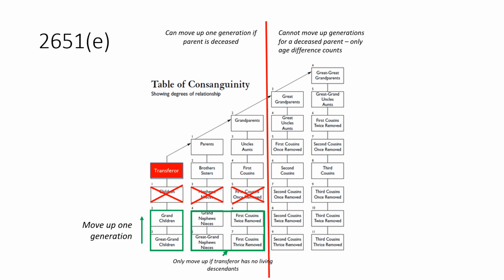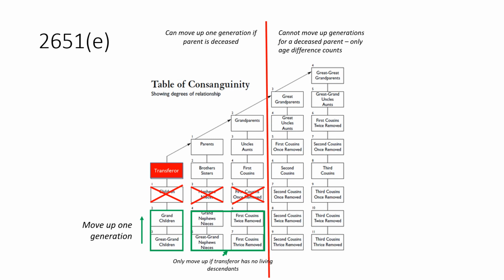Now, if we move on from that, we also see everybody below nieces and nephews or first cousins once removed. If you have a member of those generations X'd out in that generation 1 of nieces and nephews and first cousins, then their descendants could move up one generation as well, but only if the transferor has no living descendants themselves.